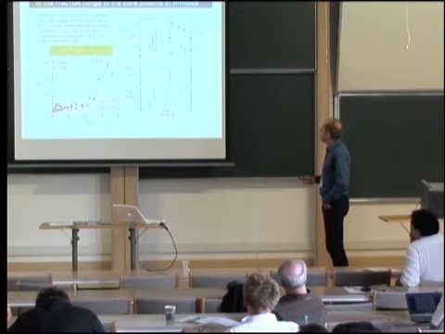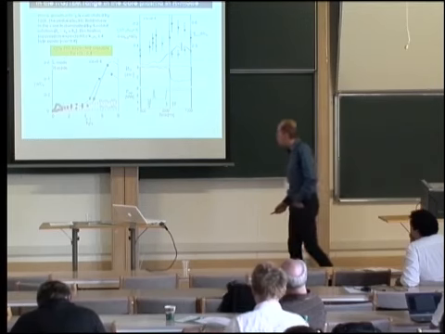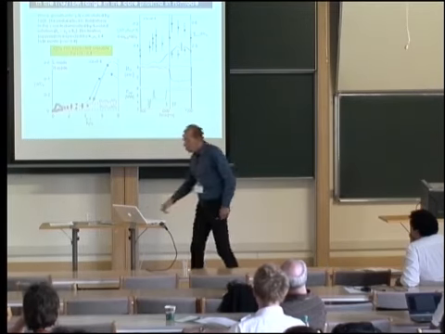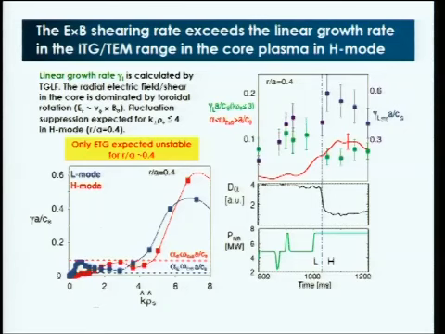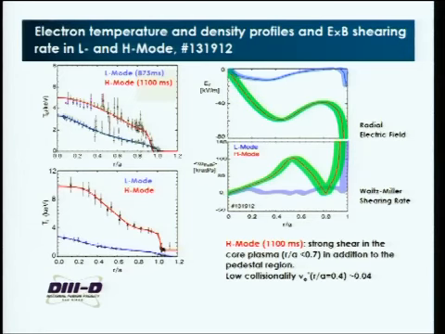And at the same time, the shearing rate is now large enough to suppress activity up to about a wave number of 4. So this is essentially eliminating the TEM and ITG range. We can conclude that the resulting electron transport results from high k modes.